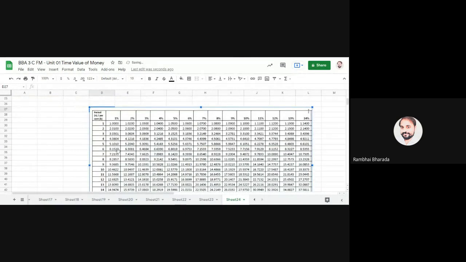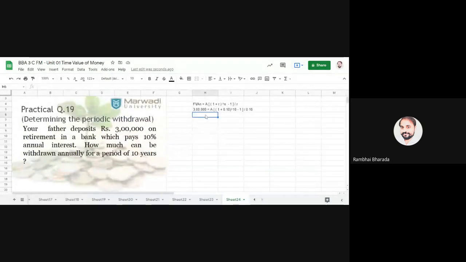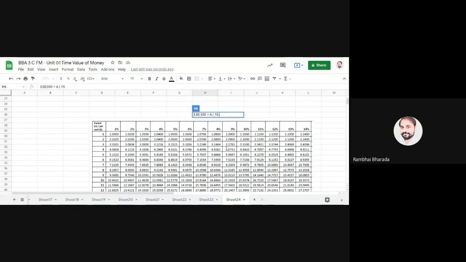How many years? 10 years. And how many percentage? 10%. So it's 15.9374. So put here 3 lakh is equal to A in the bracket 15.9374 bracket over.